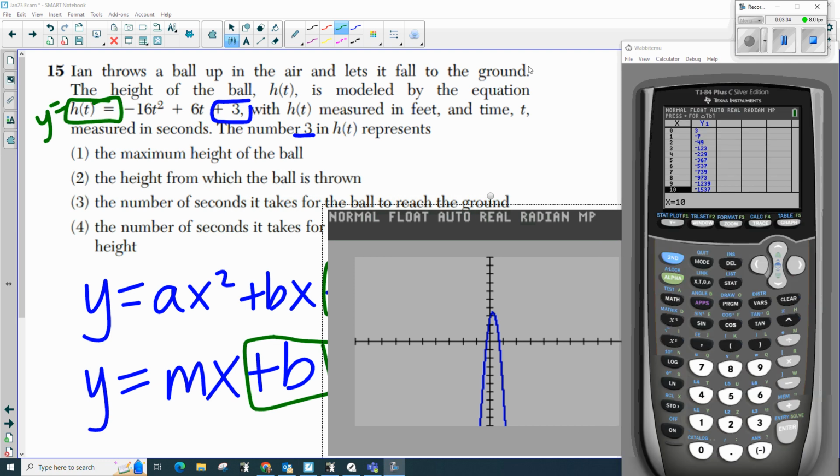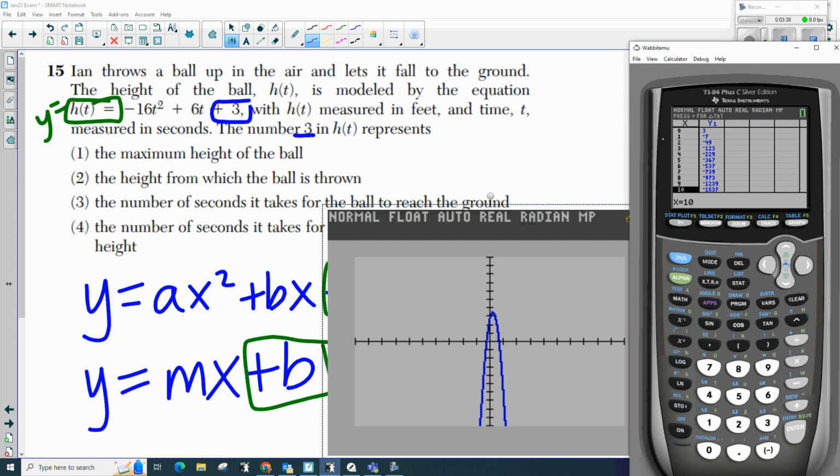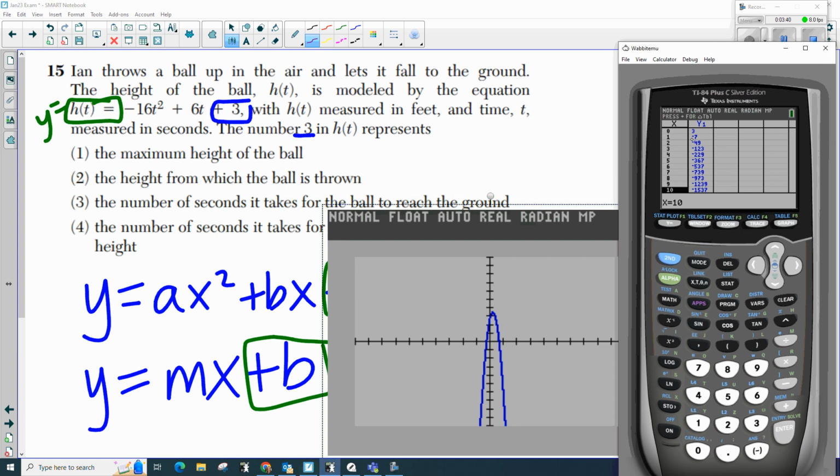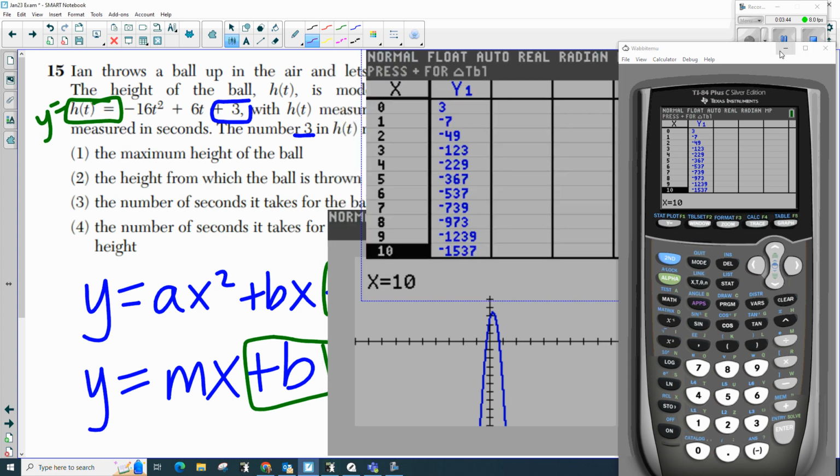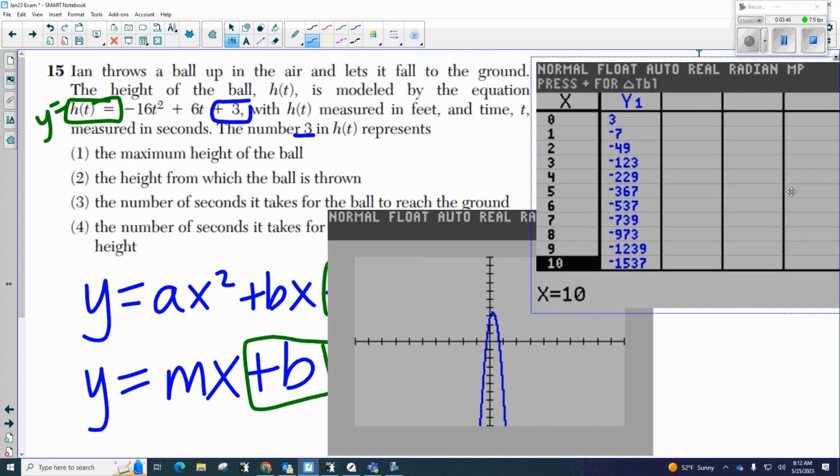Okay, so if we take a look at the different parts, the 0, 3 here, that's right here, that's when the ball gets thrown.